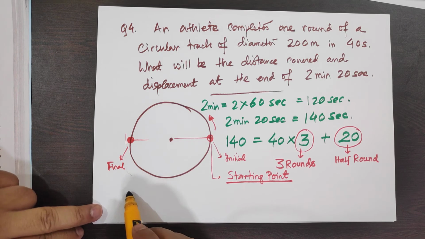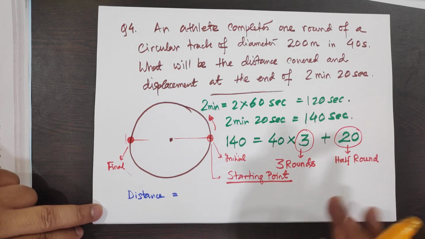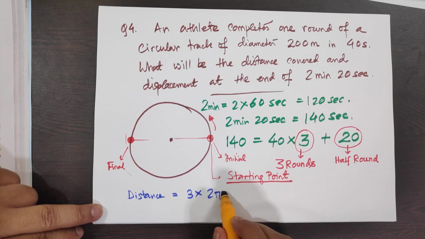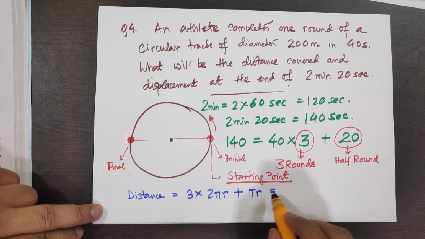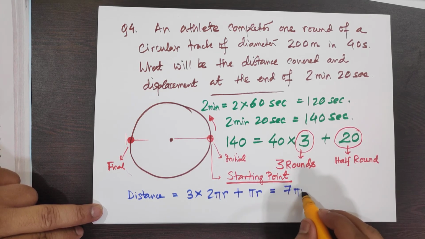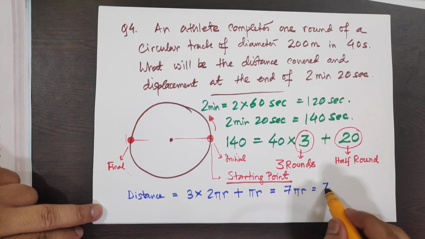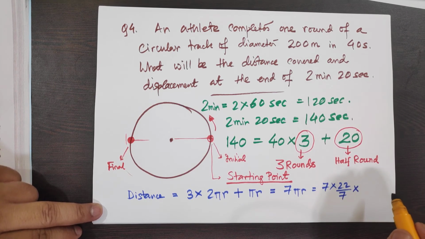Distance traveled is 3 rounds plus half round. So 3 rounds means 3 into 2 pi r plus half round means pi r, so it's 7 pi r. 7 into pi is 22 by 7 into r.